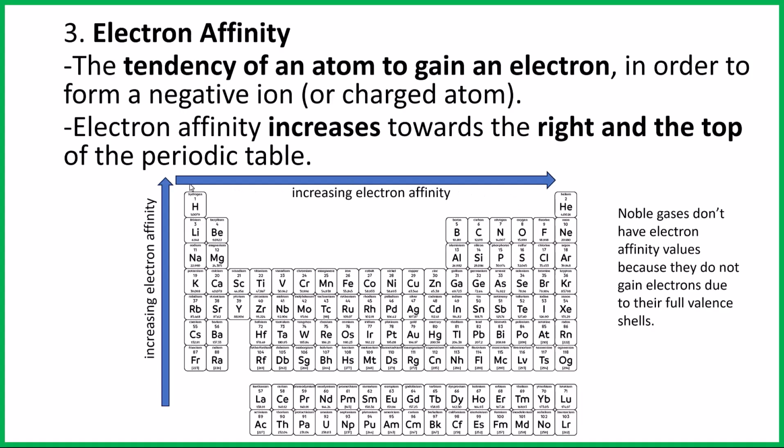But it also increases from left to right, and that's because elements on this side have a much more condensed nucleus from that atomic radius trend, and so they are able to pull on electrons, both their own as well as other atoms' electrons, strongly.